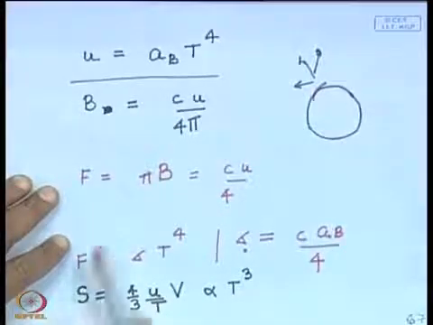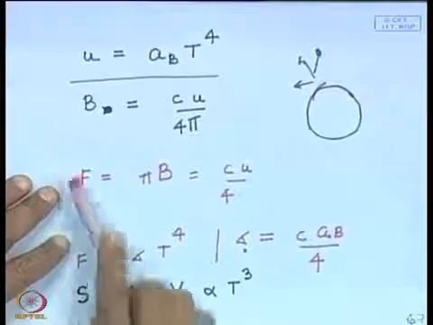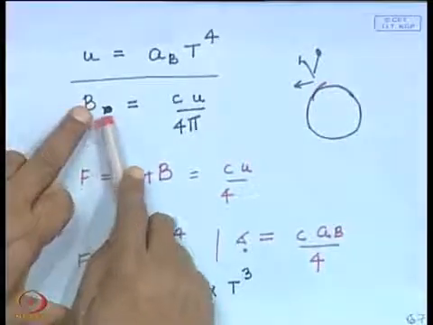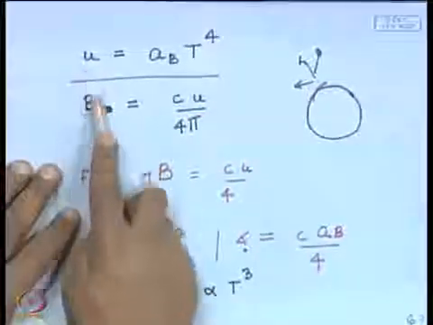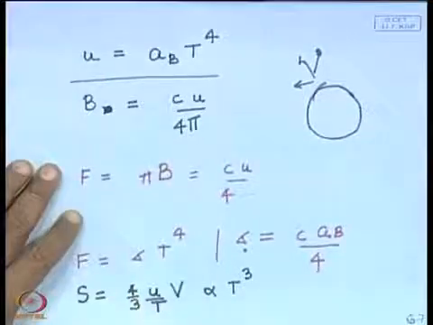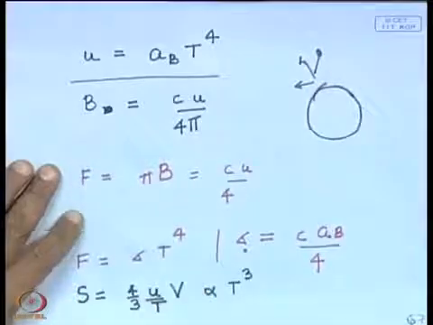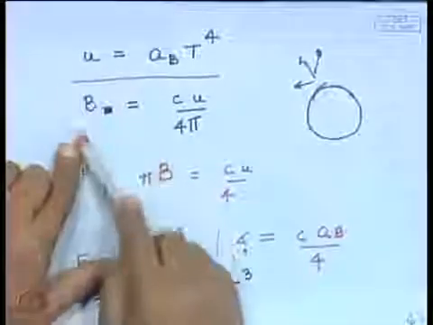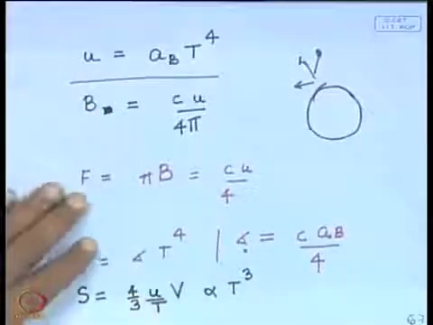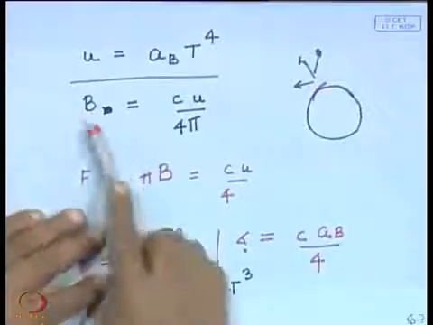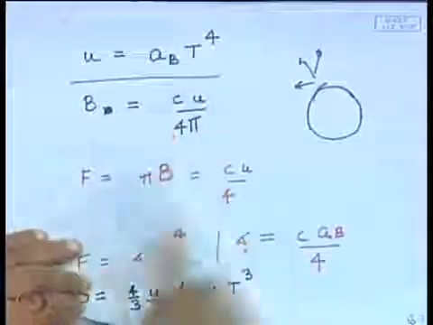Further, we also saw that the Planck function, this we had seen earlier, is related to this: you multiply by c and divide by 4 pi, you get the specific intensity. So, if you integrate the Planck function over frequency, that is equal to c into the energy density by 4 pi.